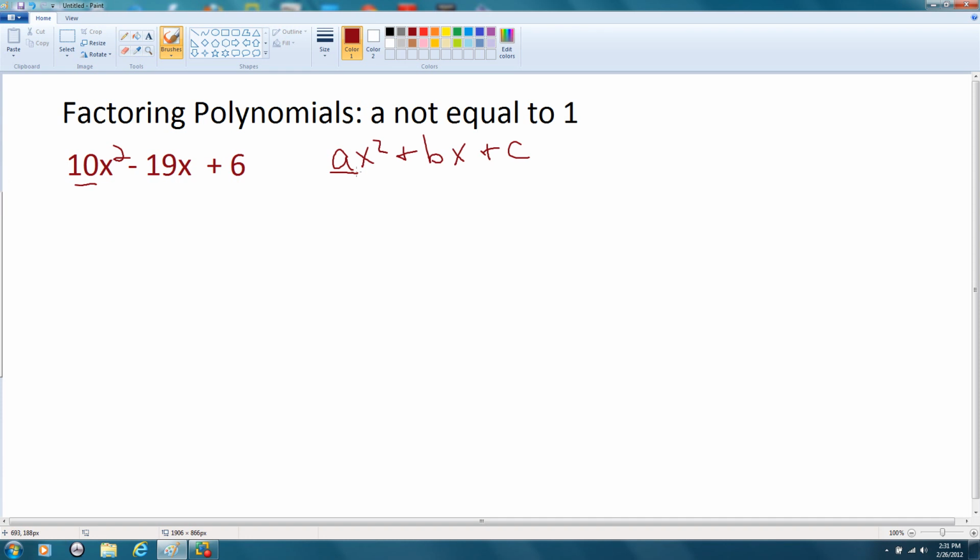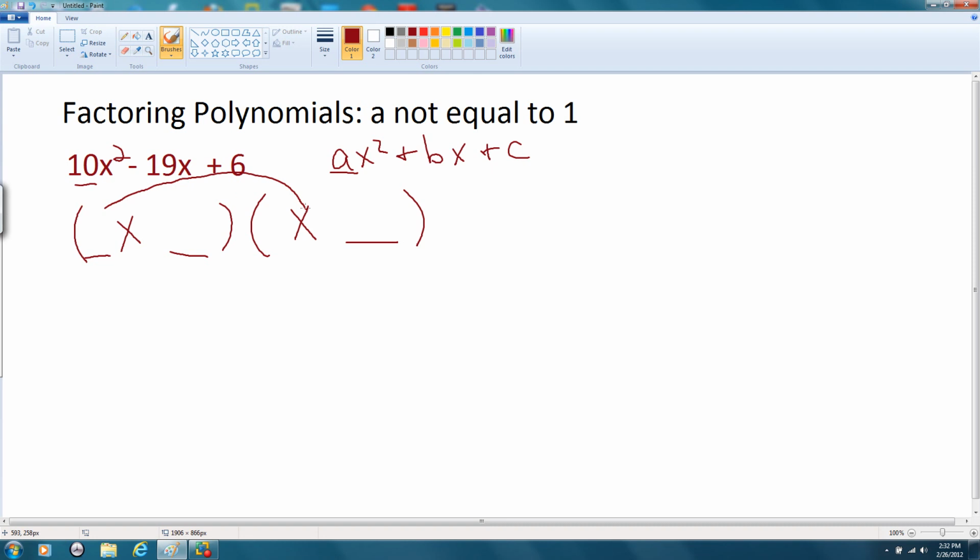Well, we know when we have something like this, we're going to have something times something. We know we're going to have x here, and we're going to have x here. Before we knew we were just going to add or subtract something here and add or subtract something here, but now we also have something we can put in here, okay? Because it's not just going to be 1 times 1 here.